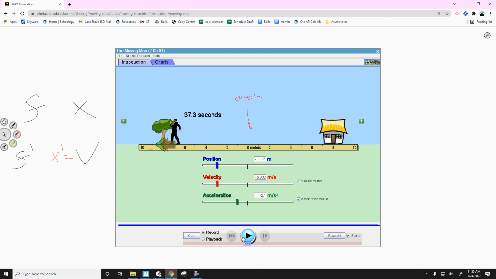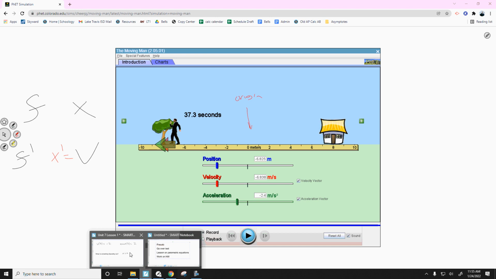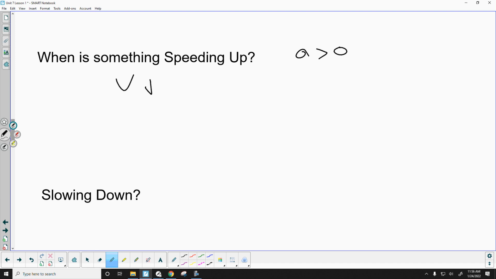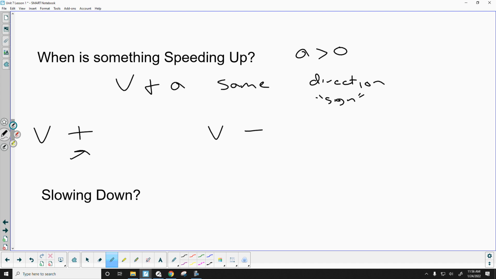So what must be true to be speeding up? That's it. V and A have to have the same direction or sign. My velocity can be positive and increasing. My velocity could be negative and decreasing.